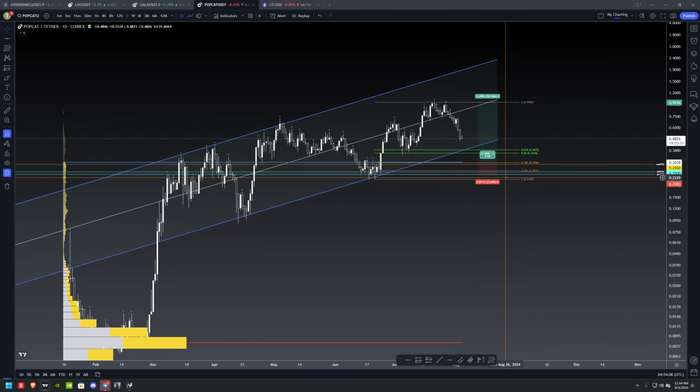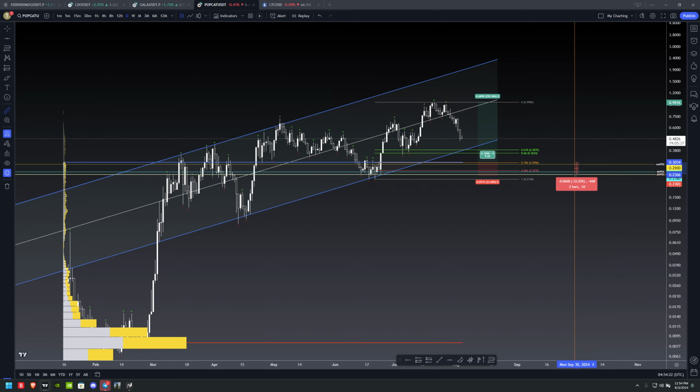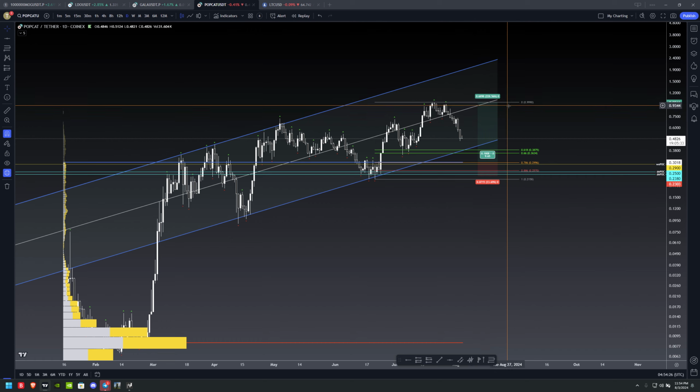This would keep it from, I mean, a fall through this would be devastating for POPCAT. Let's just be real here. And also, from here to here is really a long way. That's 20%. Okay, I'm looking at the stronger of the confluences here.